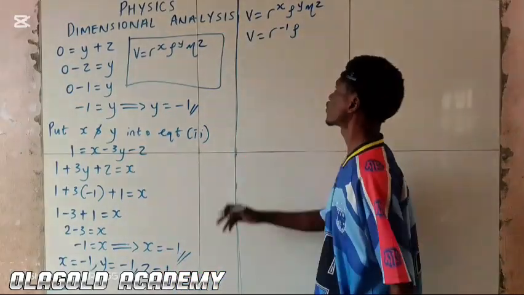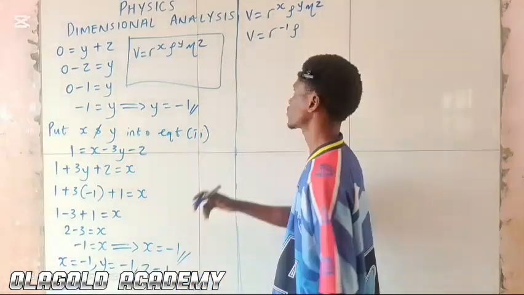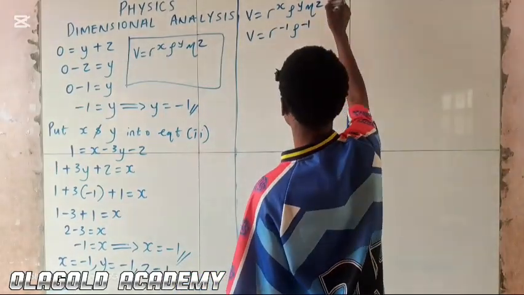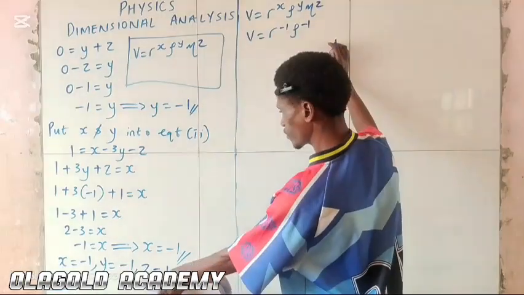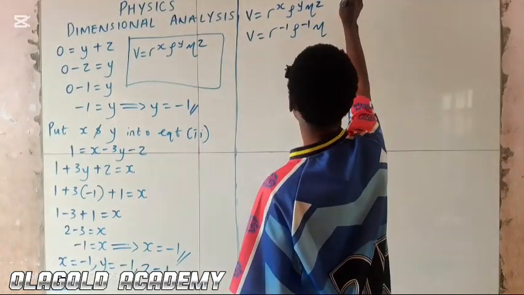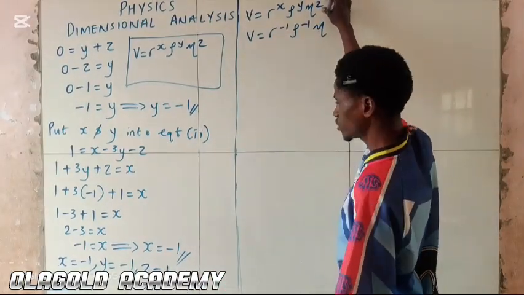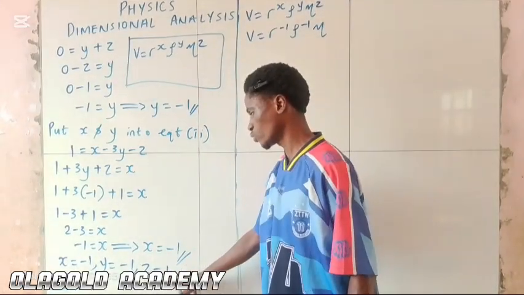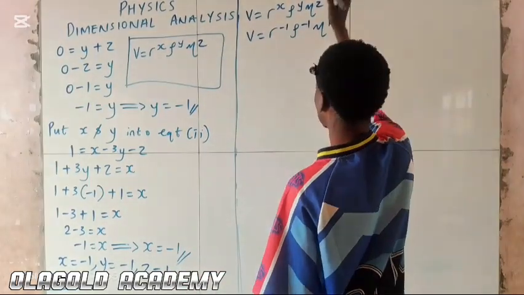Rho. The value of y here is -1, so we have -1. Eta has the power of z, and the value of z is 1, so we have 1.